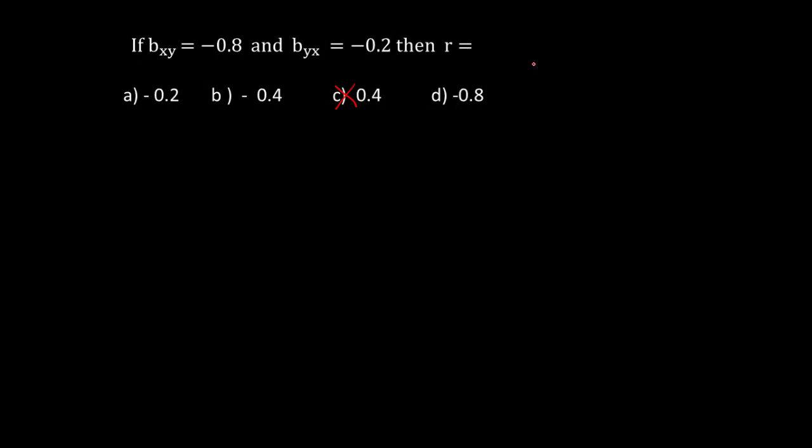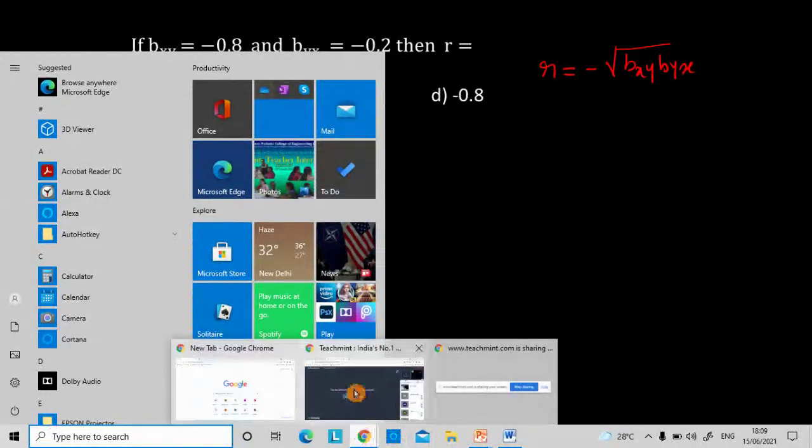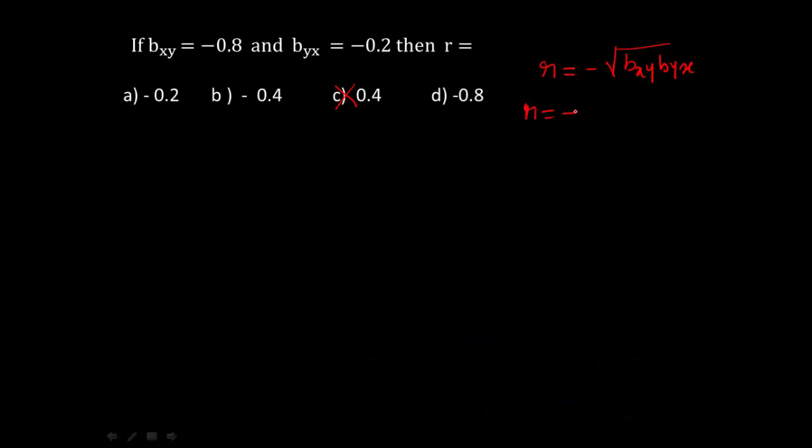The process is very easy. You will use the formula. r is equal to minus, because both are negative, under root of bxy into byx, which is minus under root of minus 0.8 into minus 0.2.